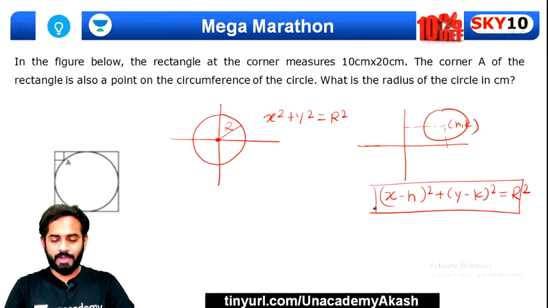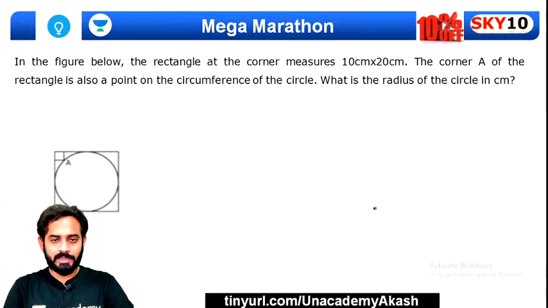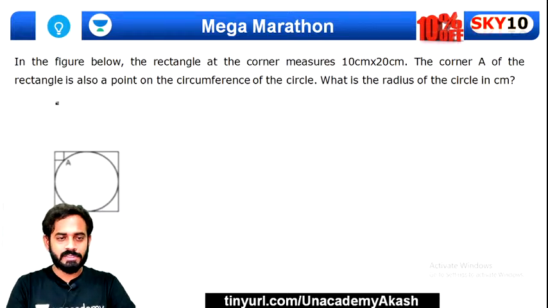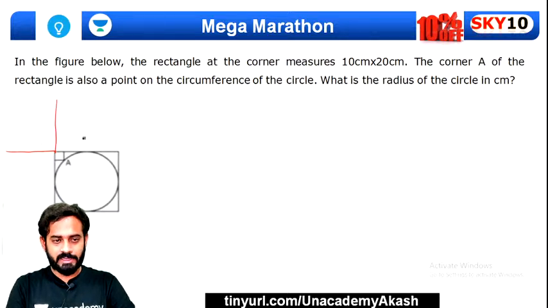Now I hope you have understood this part. Once you have understood this, I'll explain how to apply this coordinate geometry. Let us consider this is the y-axis and this is the x-axis, and let's say twice r and twice r is the dimension of this square.